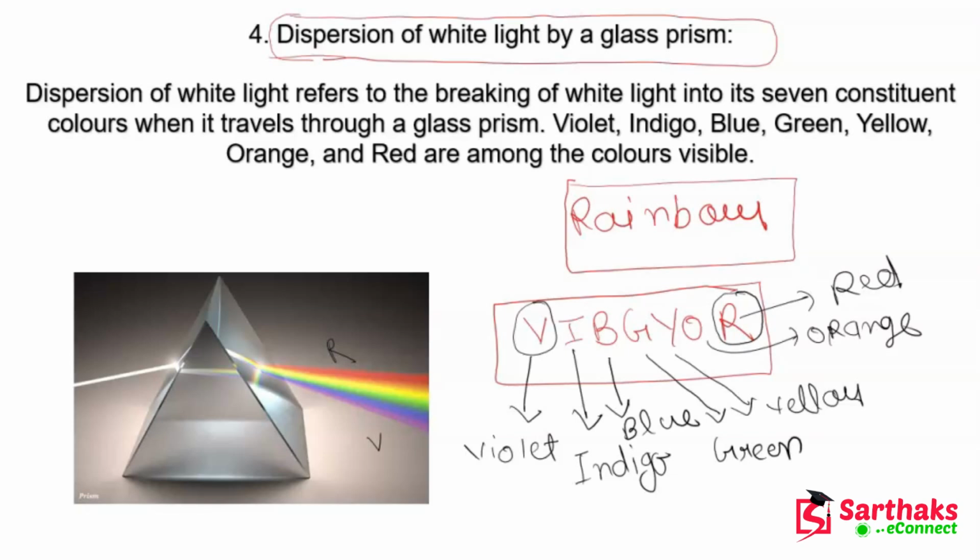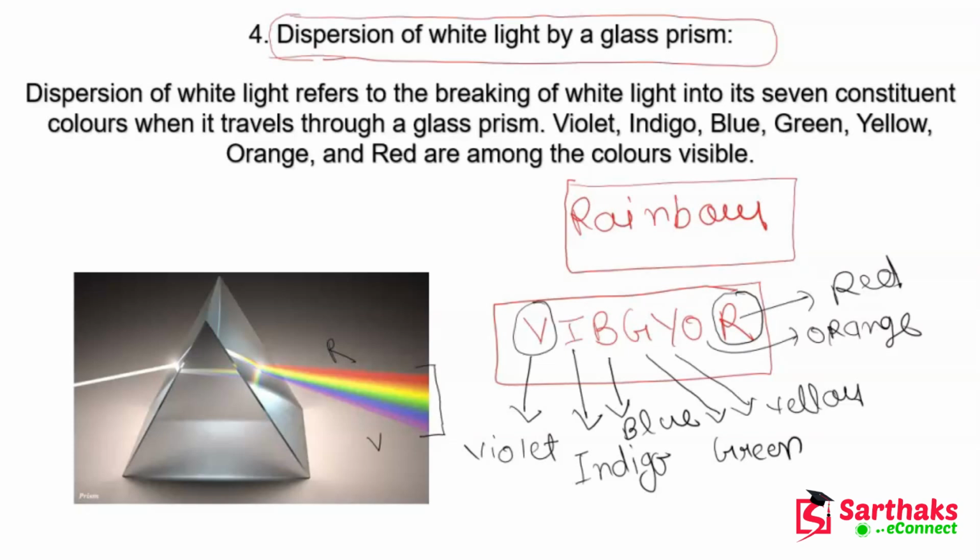Now guys, the band of the colored components of a light beam is called its spectrum. Here you can see there are different colors of light: violet, indigo, blue, green, yellow, orange and red. Now when these lights combine, the result is white light.